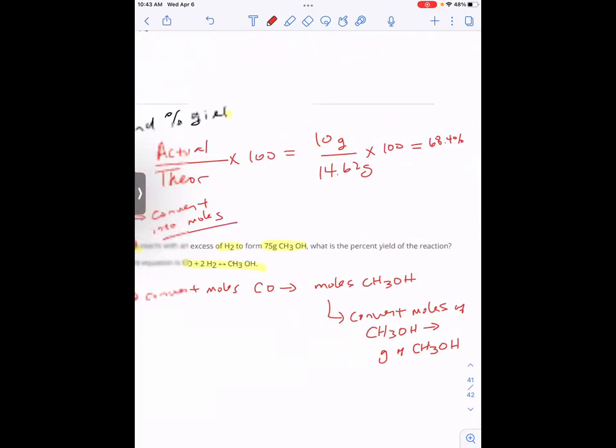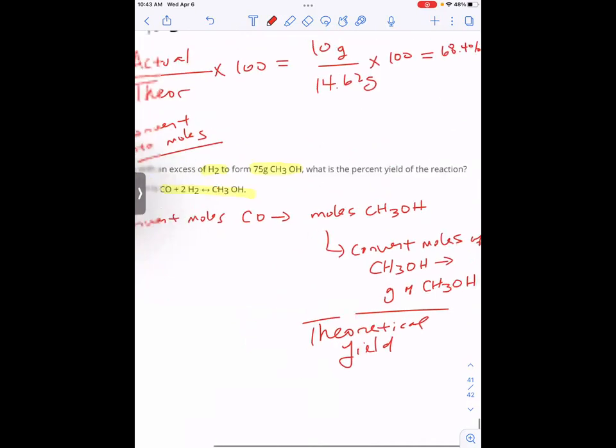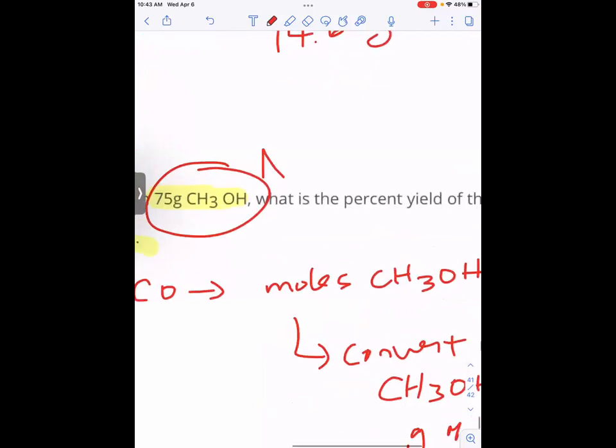This is going to give me my theoretical yield. And then they gave me 75 grams as the actual yield.